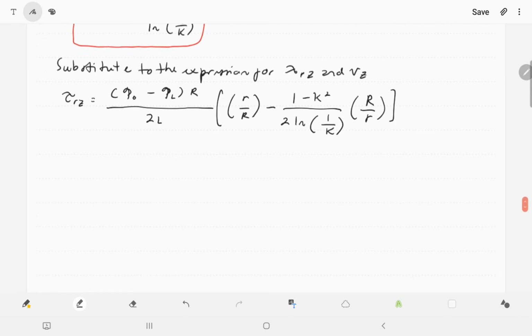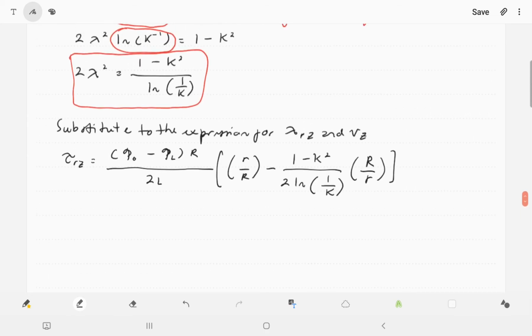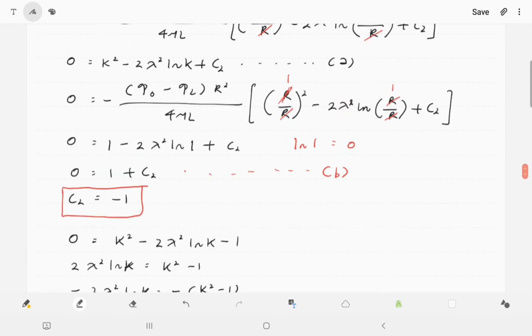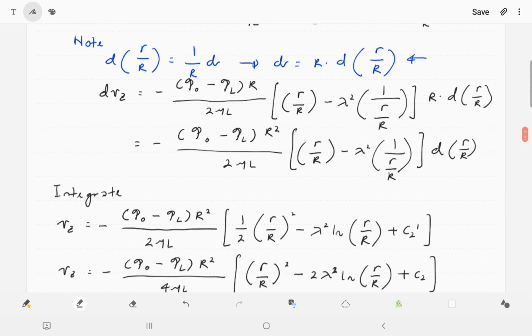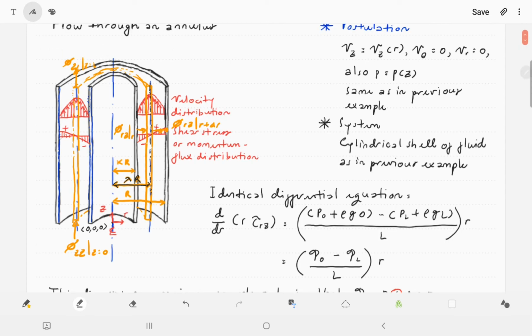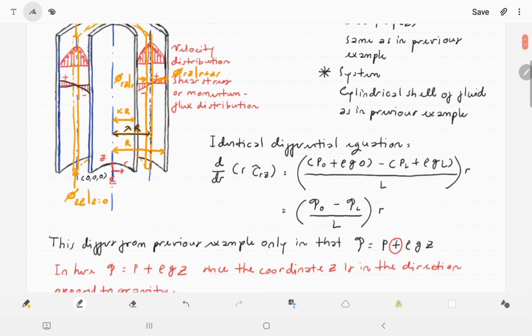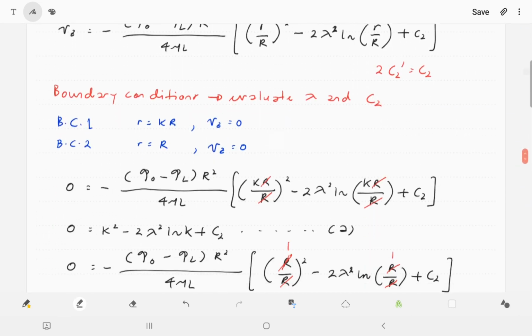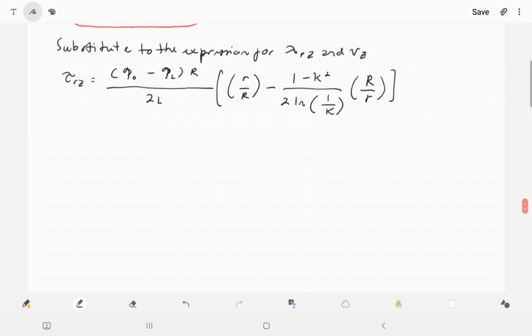Okay, so this will be your final expression for the shear stress. If you substitute and check these into your system, you should get this shear stress distribution. You have to verify it for yourself and try.